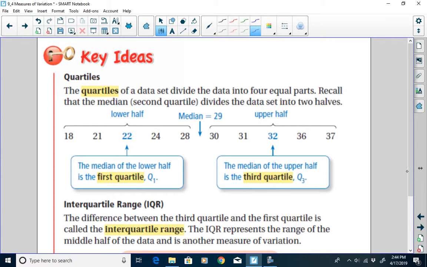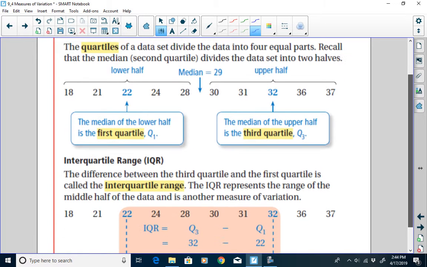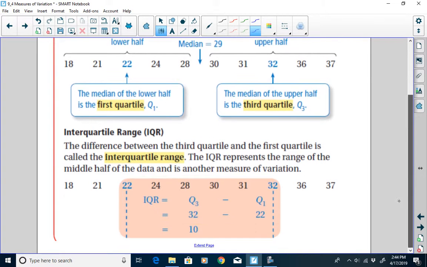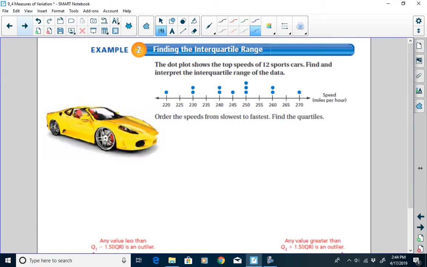The interquartile range is the difference between the Q3 and the Q1. So if my Q3 is 32 and my Q1 is 22, the difference between them is 10, and 10 would represent the interquartile range. Alright, so let's try to do a problem on our own with some data.